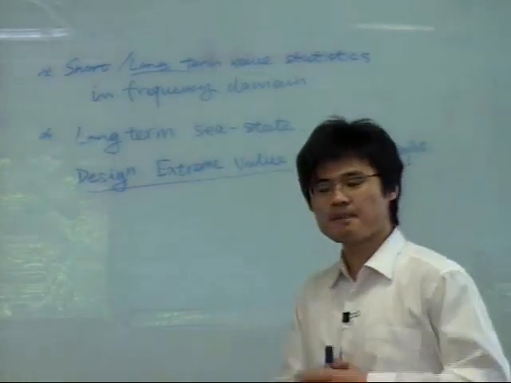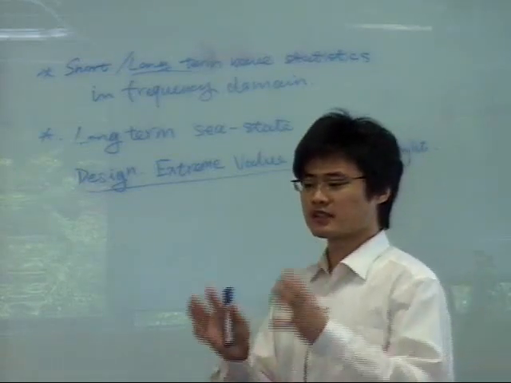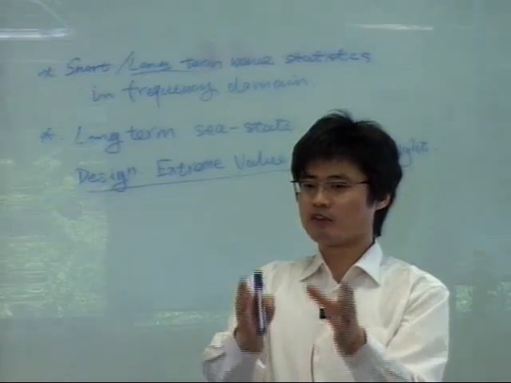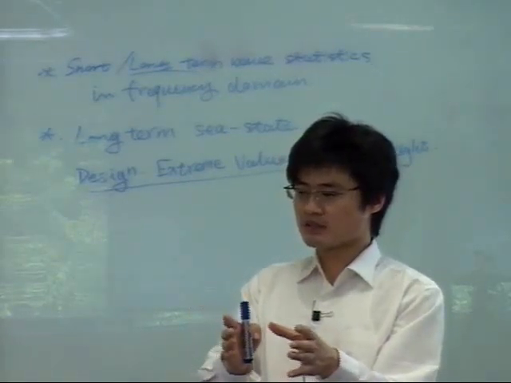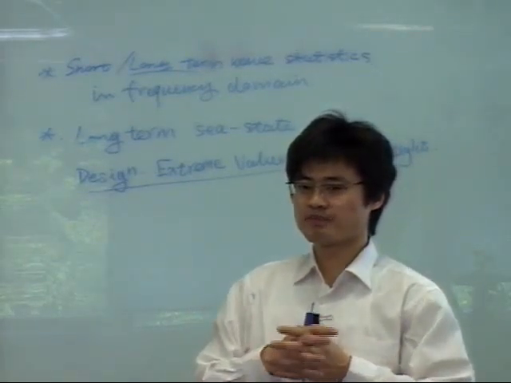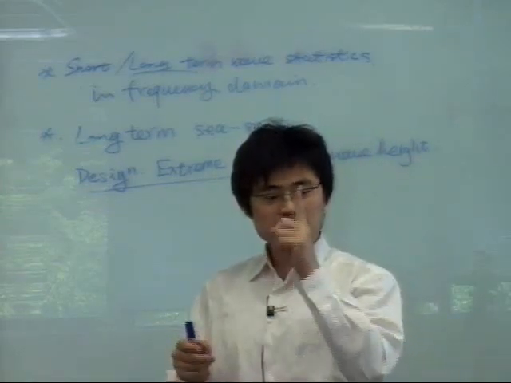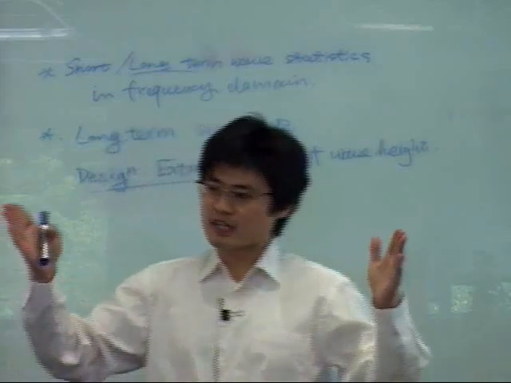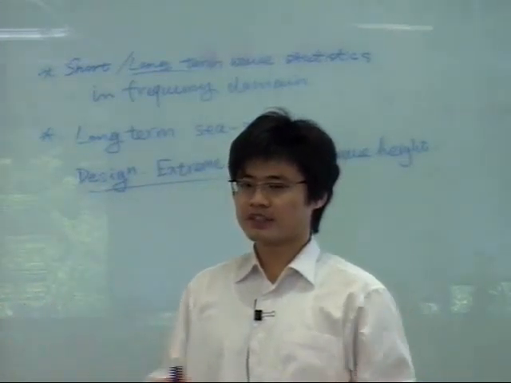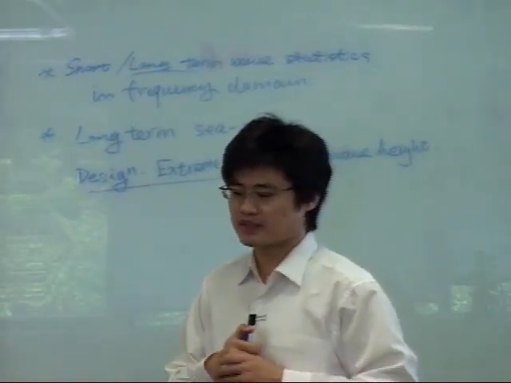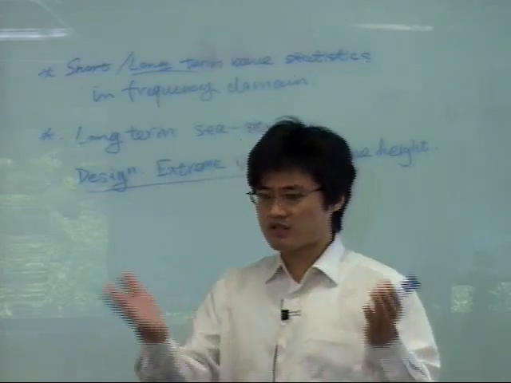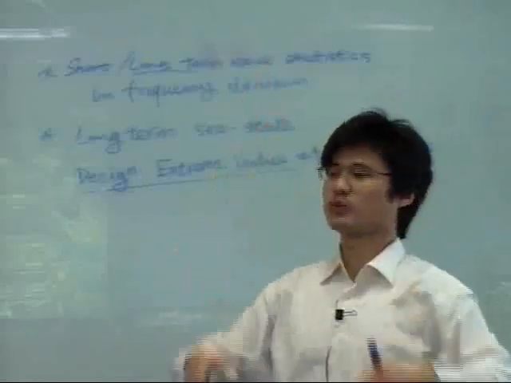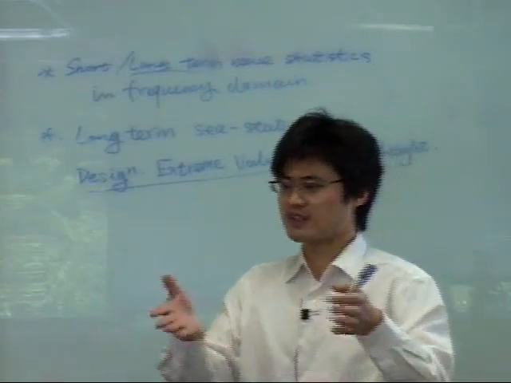I make a design, and then I want this structure sitting in this specific area for 100 years in operation without any dangers. The number one thing that I want to figure out is, during these 100 years, given a probability, what is the largest wave height that is going to show up in this area?